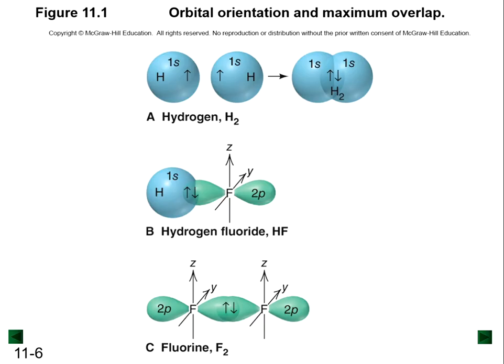If you could look down the axis of interaction for all three of these systems, the overlap region would look like a circle. So you're looking perpendicular to your vision right now. So you're looking straight on at the slide. Imagine looking down the plane of the slide. The overlap region is going to be a circle, or radially symmetric.